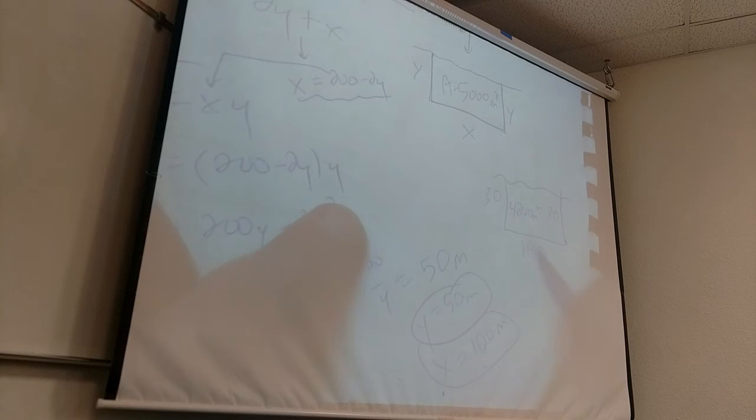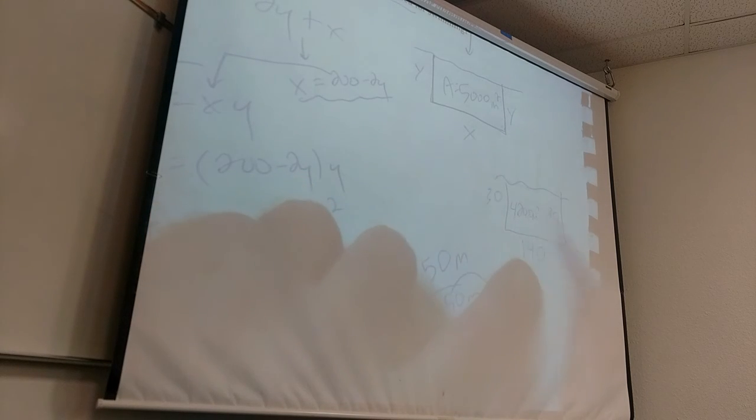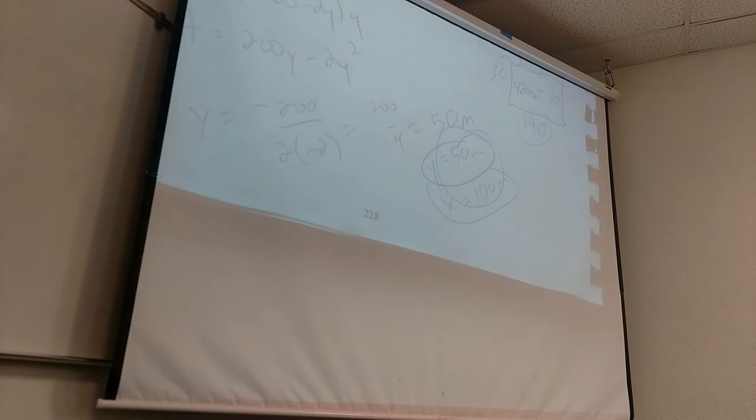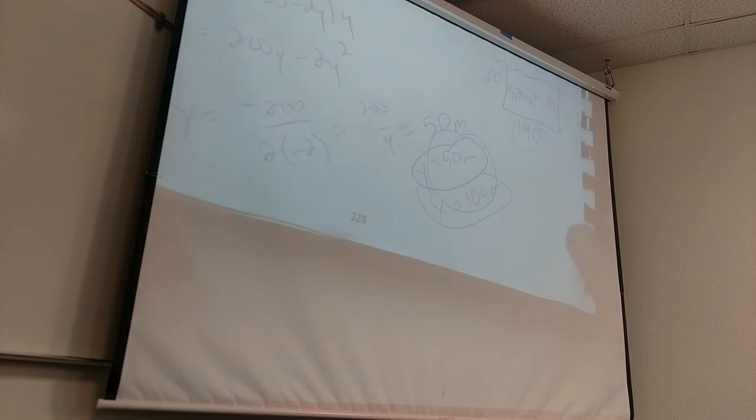Do you guys see how I got those numbers? I just made up a number for this, saw how much was left, and put it on the other sides. Anything else you make up that leads you to 200 meters is going to be less than 5,000 square meters. This is the only dimensions that will give me the most area. Any other dimensions, less area. And you want the kids to have more area to splash around in and not get eaten by megalodons or piranhas or whatever horror movie they're in.